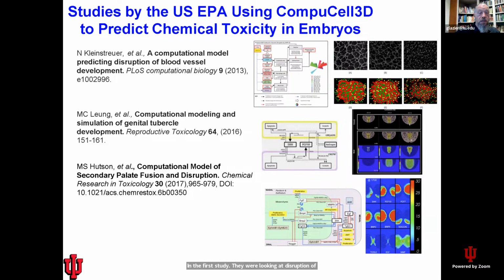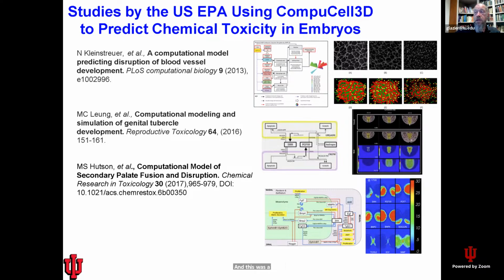The second study was looking at how estrogen mimics, hormones, and hormone mimics in the environment can lead to disruption of urogenital development. There's been a lot of concern about estrogen mimics causing improper genital development in animals and humans. And this was a study trying to understand that.